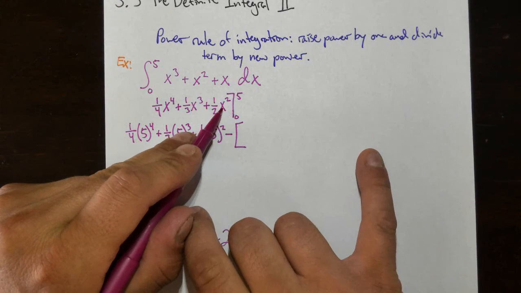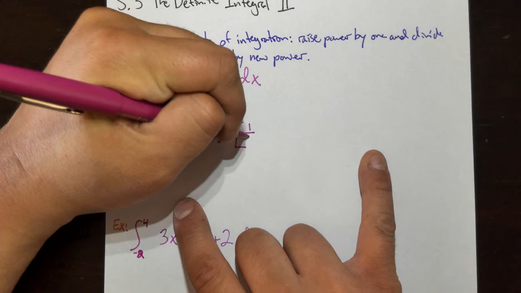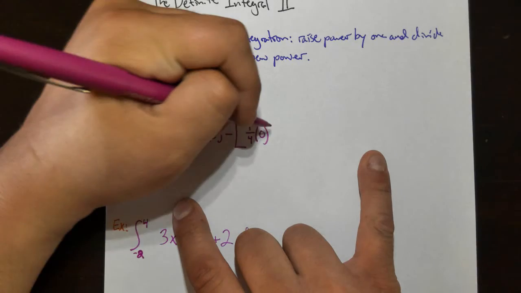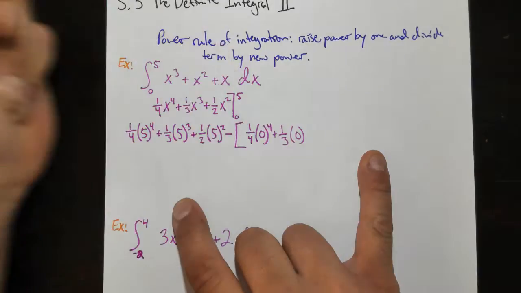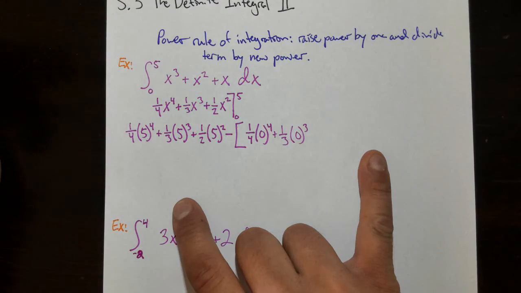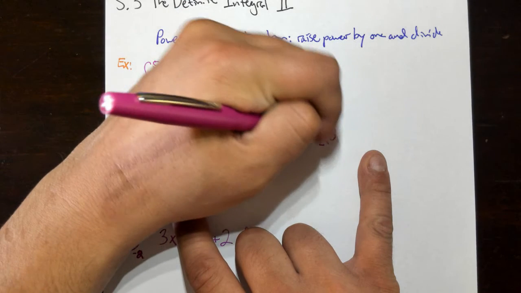Remember, we're doing the definite integral. So it's going to be 1/4 times 0 to the 4th plus 1/3 times 0 cubed plus 1/2 times 0 squared.